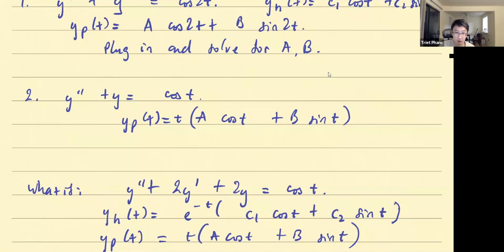I'm asking you guys who have done physics or engineering: with any damping, even just a little bit, meaning what? I'm asking a very simple question. Is there resonance or not? Right, there's not going to be resonance.